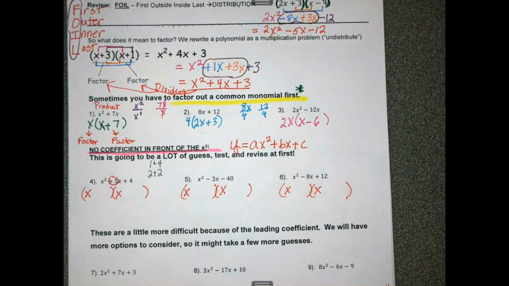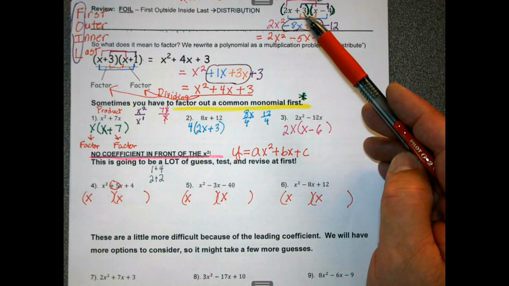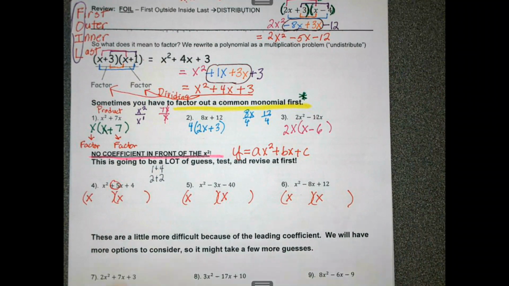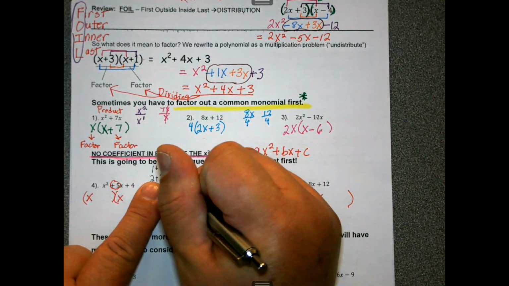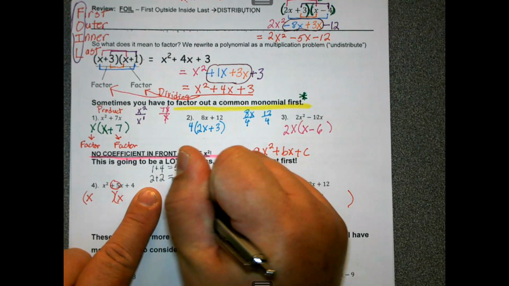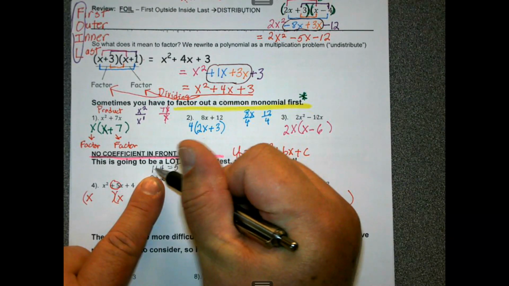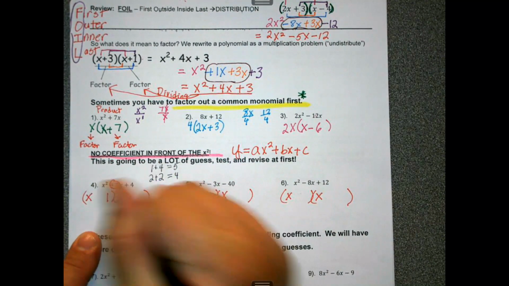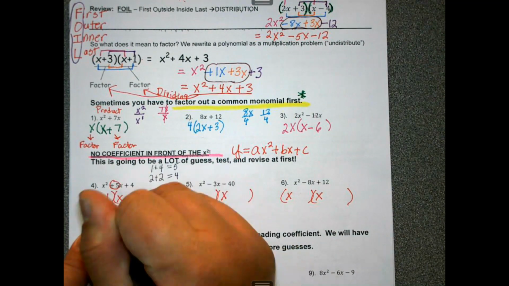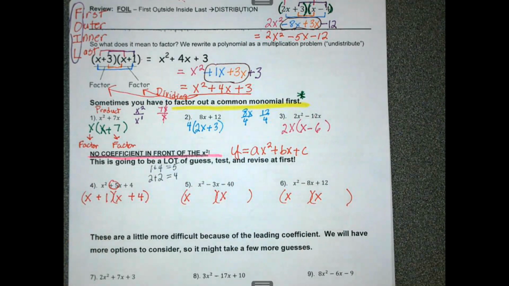But I'm looking for that positive 5 because we're going to combine those two middle terms. Well, looking at the factors of 4, if I add these together, here I get my 5, here I get my 4. So I'm going to use the factors 1 and 4. Now here's my 1 and my 4. They're both positive. So there's my factors for that trinomial.